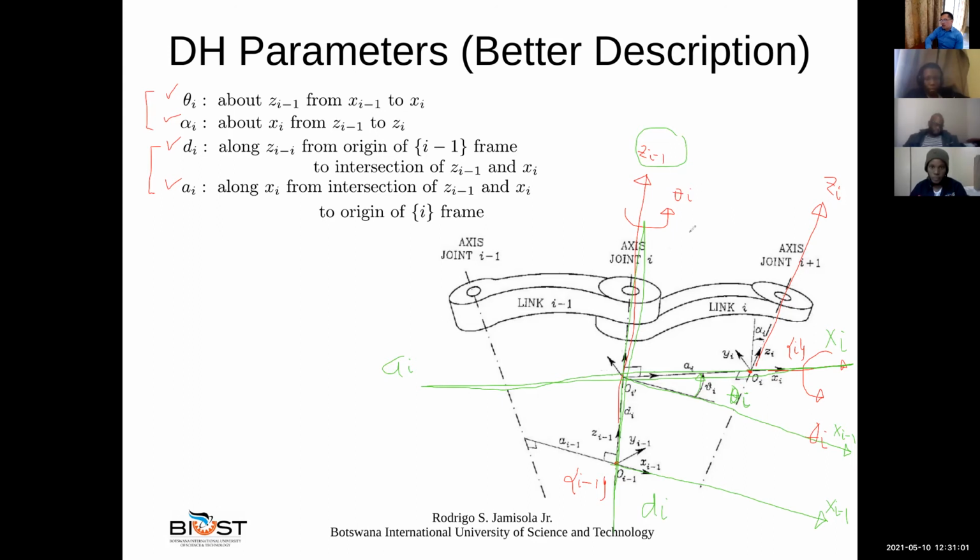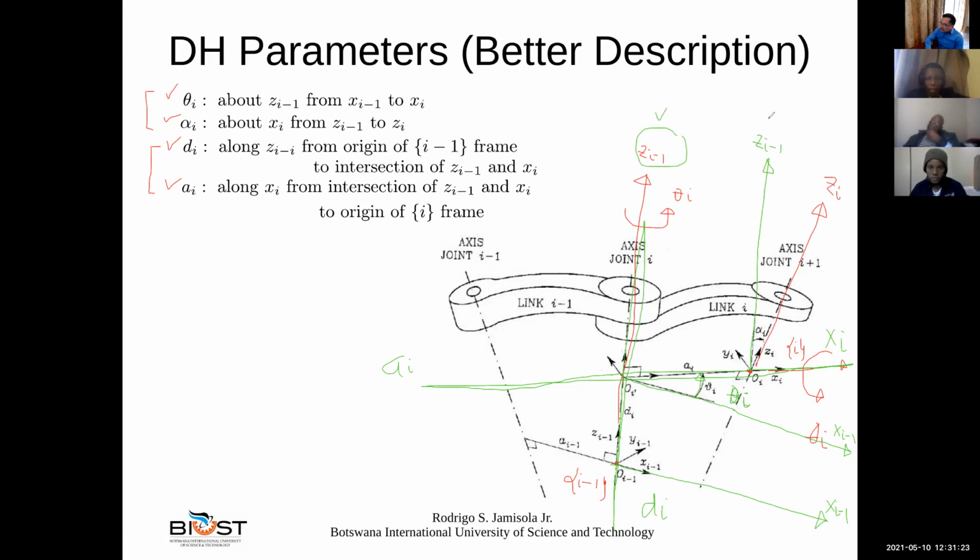This one. It's not very clear here, so we can transfer zi minus 1 so that we can easily see it.